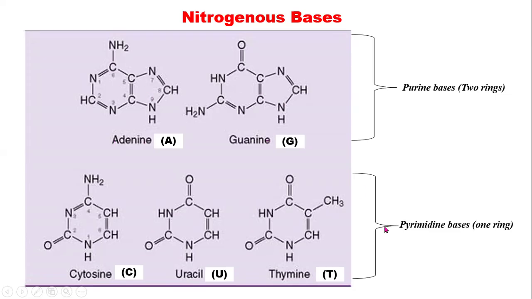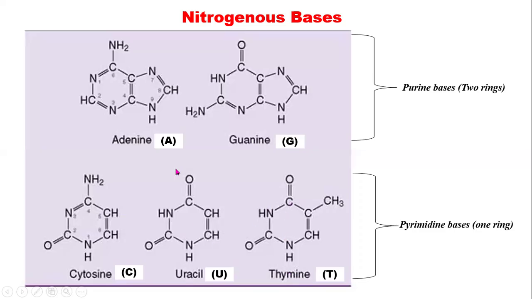Now, the second nitrogenous base group is the pyrimidine bases, which contain only one ring. You can see we have cytosine represented as C, uracil represented as U, and thymine represented as T. So they have one ring.